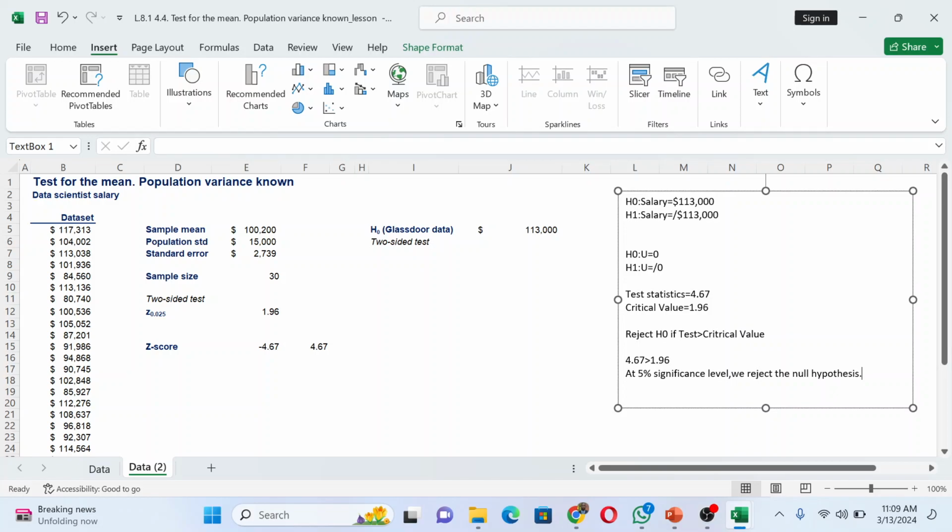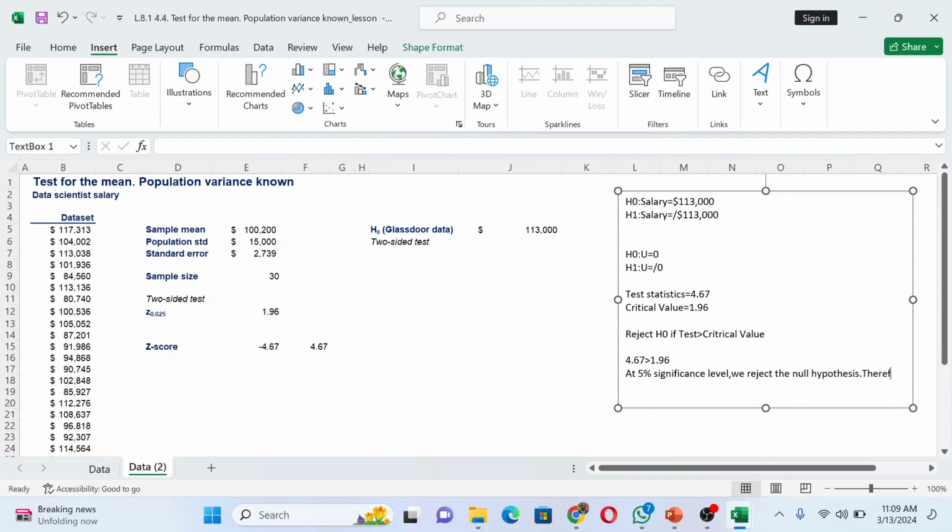And the conclusion is that the average salary of a data scientist in Glassdoor is not equal to 113 USD, right? So we conclude that at a 5% significance level, we reject the null hypothesis.